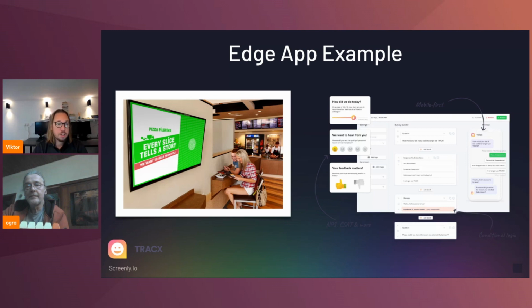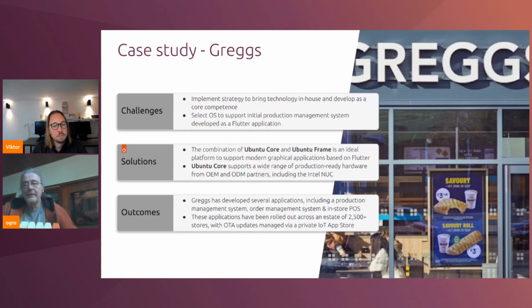If you were to deploy this on screens across an entire country, all you need to do is build a single Edge app, and by the features built into the framework, it will be out of the box customized for the particular screen, and you can get this beautiful analytics built in out of the box. But that's just scratching the surface of what you can build with Edge apps. With that, I want to hand over to Ogra to talk about other use cases that they've built on top of Ubuntu Frame.